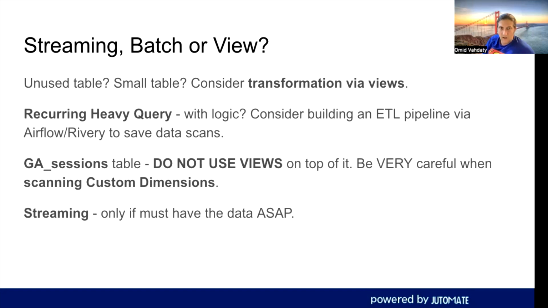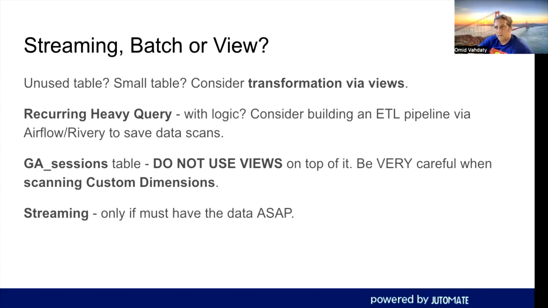For example, if you have a large data set and every day you need to get the aggregation of the data, you can set up a simple ETL job, for example, a scheduled query or Reverie, to run an aggregation once every day and only analyze the result of the aggregation. This will make your invoice cheaper by an order of magnitude.